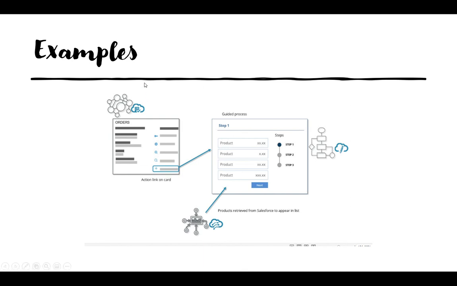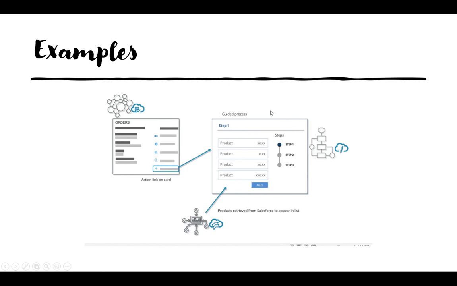So you will see in the first step we have a FlexCard that contains the order information, and here we have the action link. And for this action link, if you click on the plus, the action link on the card will call a guided process, and this guided process is an Omniscript.